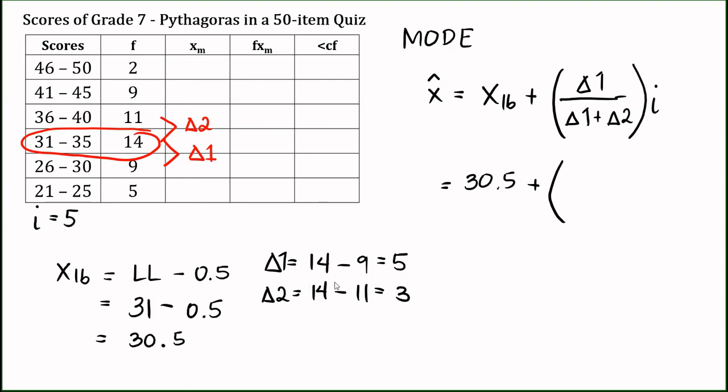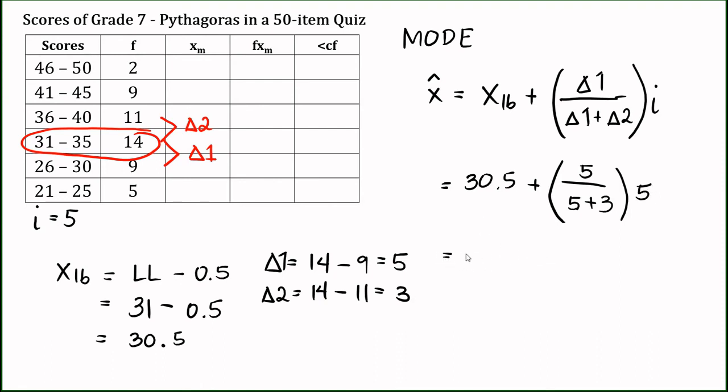Ayan. So, i-substitute lang po natin yung mga values na nakuha natin. Ito ay magiging 5 over 5 plus 3, and then multiplied by the interval, which is 5.